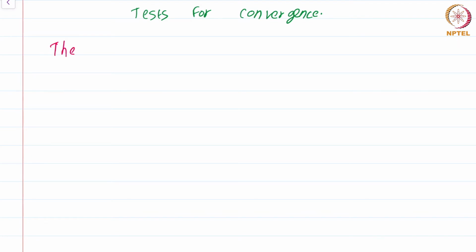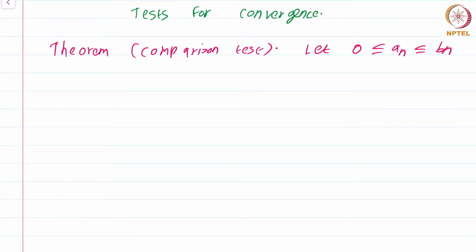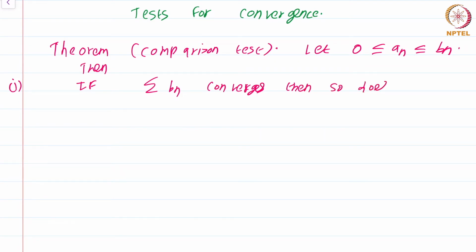Theorem, comparison test. Let 0 less than or equal to a_n less than or equal to b_n. Then first part, if summation b_n converges, then so does summation a_n.